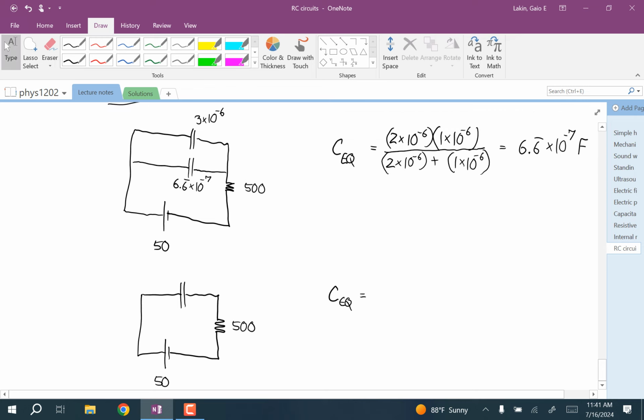So this is 3 times 10 to the minus 6 plus 6.6 repeating times 10 to the minus 7. And that gives us 3.6 repeating times 10 to the minus 6 farads.